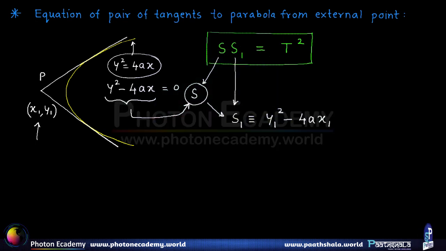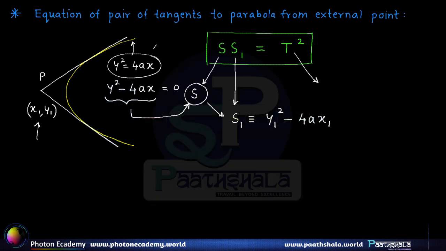And lastly T square, where T stands for the expression on the left hand side of the equation of the tangent to the given parabola. We have seen how to get the equation of the tangent in case of the standard parabola, that is y y1 minus 2a into bracket x plus x1 equal to 0.